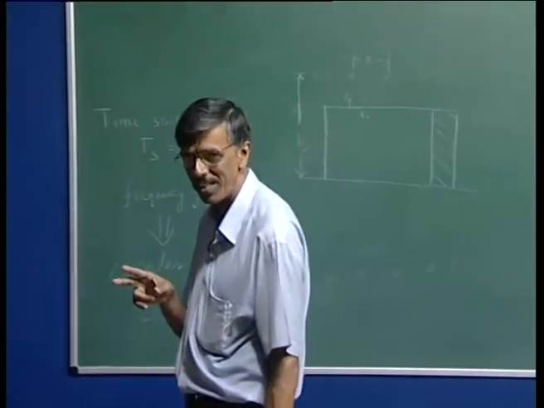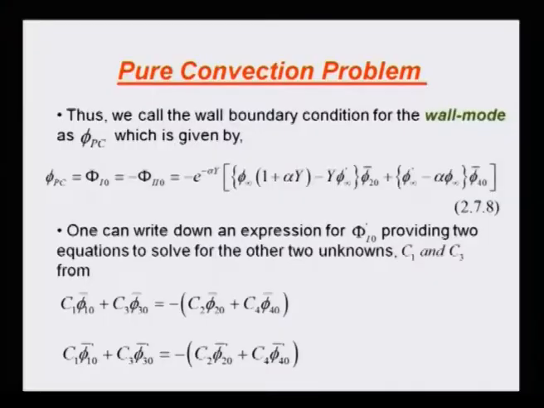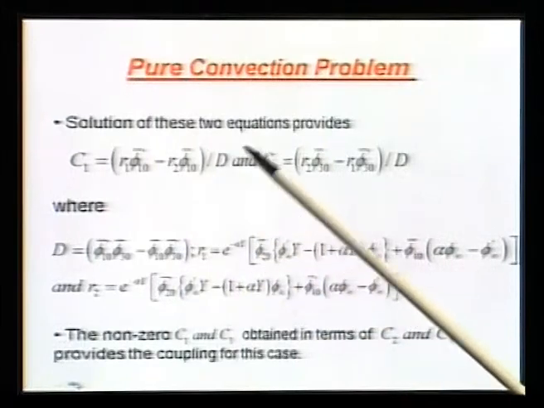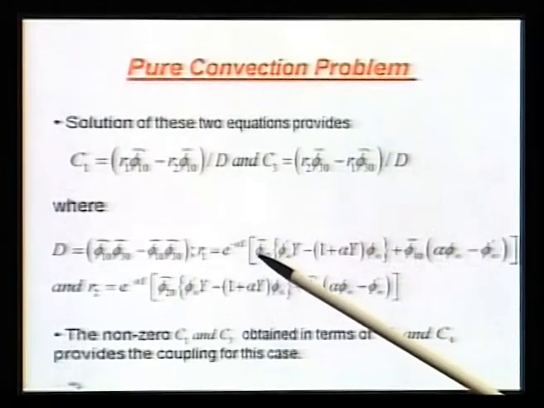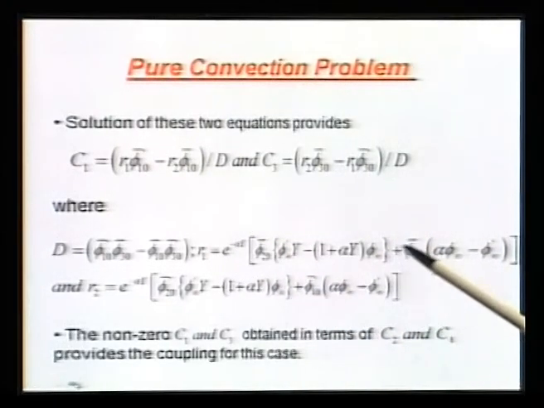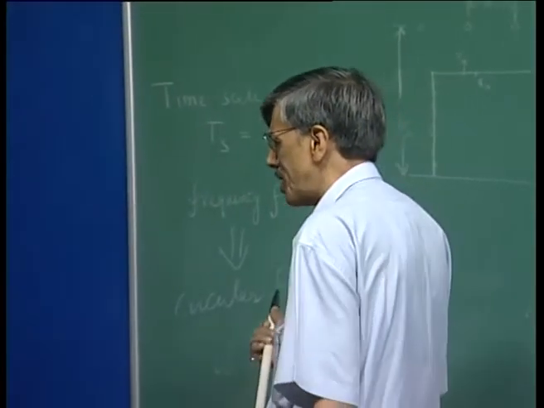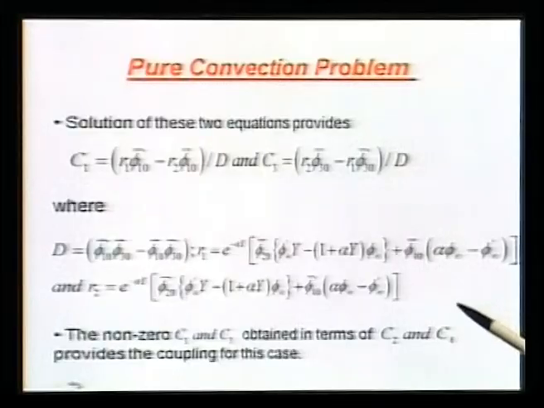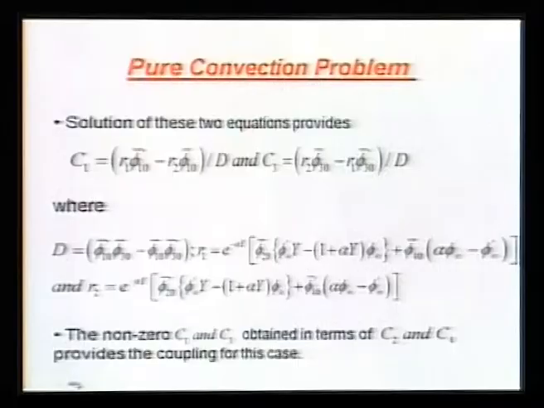This is a special case where q equal to alpha. And you also notice there are R1 and R2. Those are obtained here, R1 in terms of this and R2 in terms of this. So basically, these non-zero values of C1 and C3 can now be obtained in terms of C2 and C4, and that provides the coupling for this case.